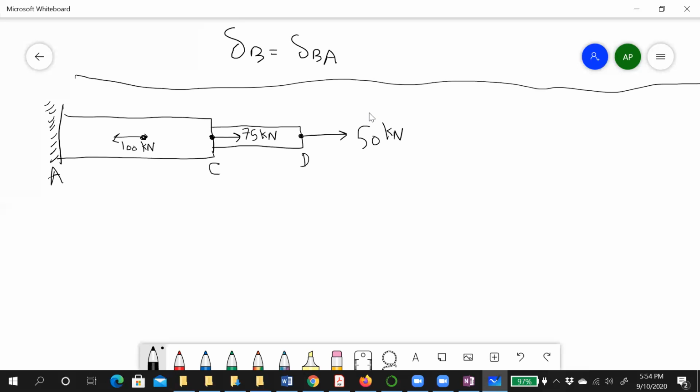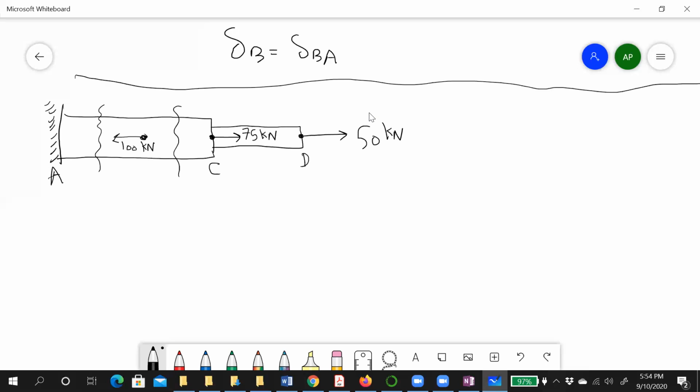From D to C, it's just length and area and there is no force. From C, we are not able to consider CA as one segment, because after point B we have a new force, right? If we make a section here, we can find the internal force. Here, we can find the internal force. But if we make a section here and here, these two sections have different forces, because at this point we have a new force.